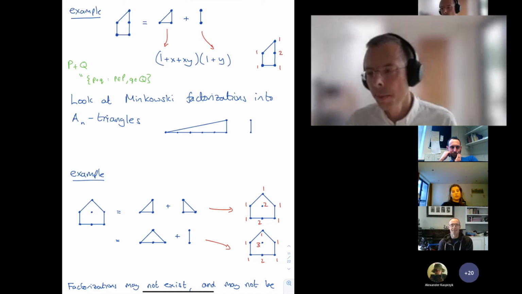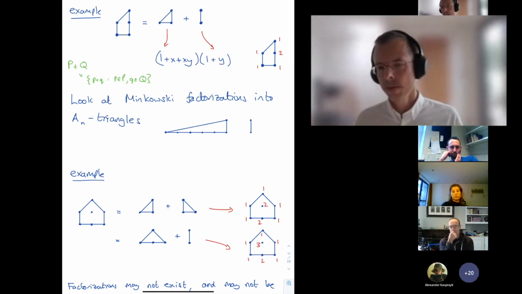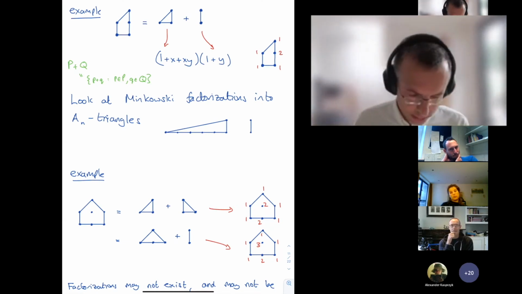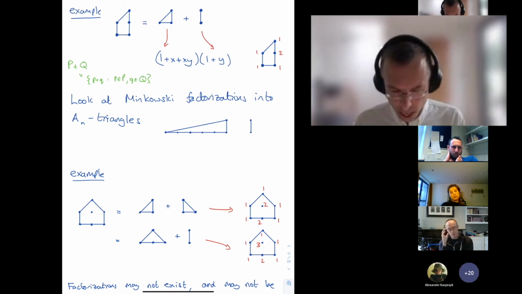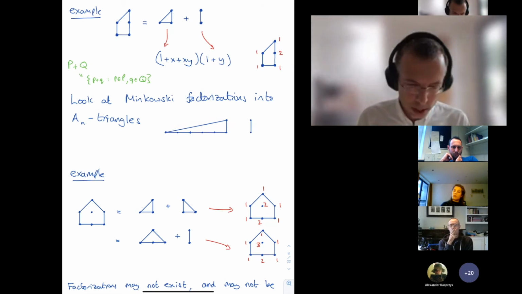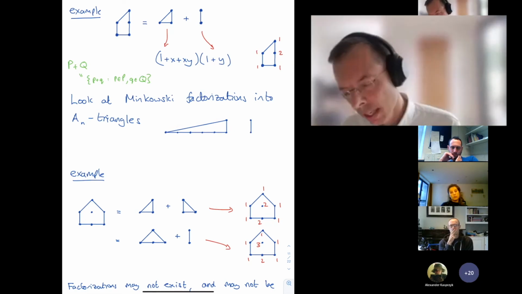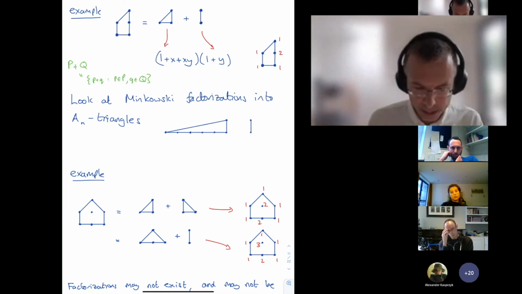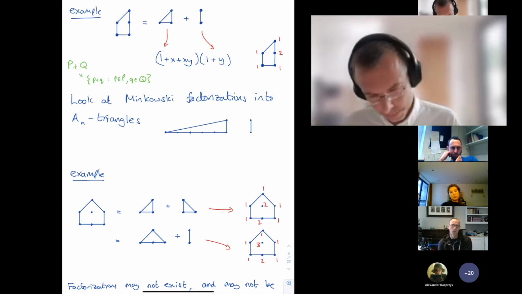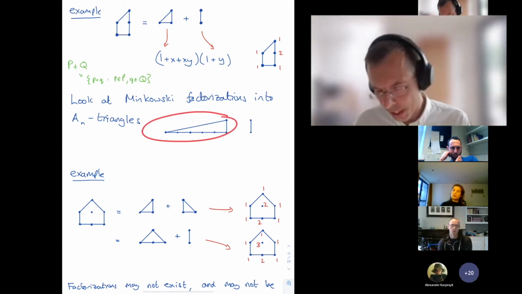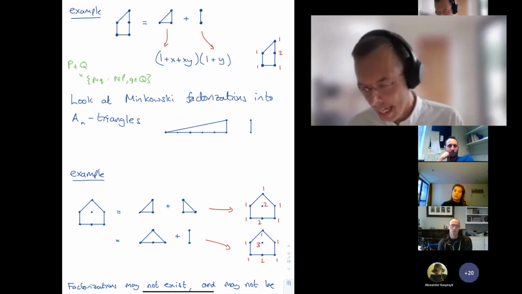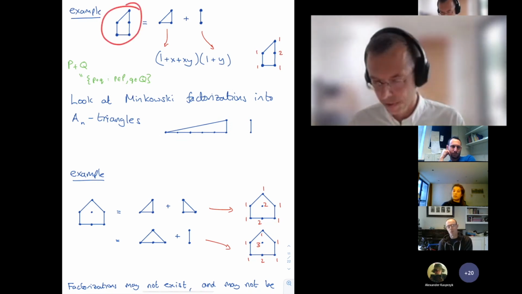Cool. Okay, so what we're going to do is look at three-dimensional reflexive polytopes. We're going to look at their facets, and we're going to see whether we can Minkowski factorize them into A_n triangles, which are triangles where you've got one long edge of length n and two edges that are just of length 1. And if you do have a Minkowski factorization into A_n triangles, then you can put binomial coefficients on the edges of each of your pieces and just multiply out the Laurent polynomial to get the coefficients that you put on each face.